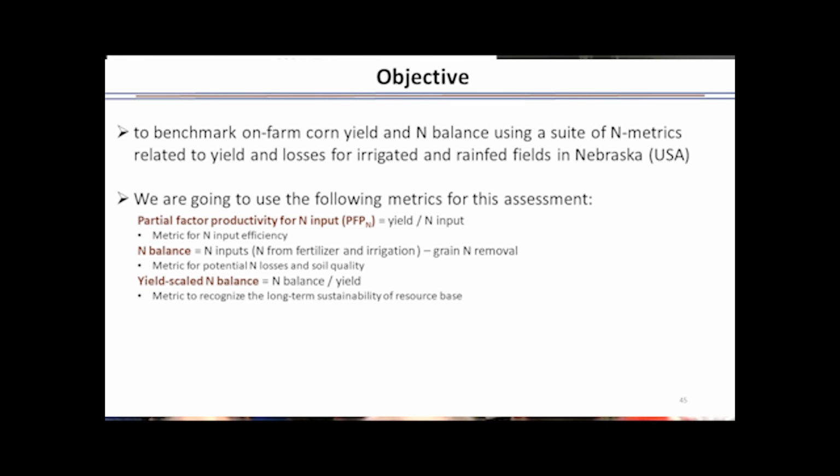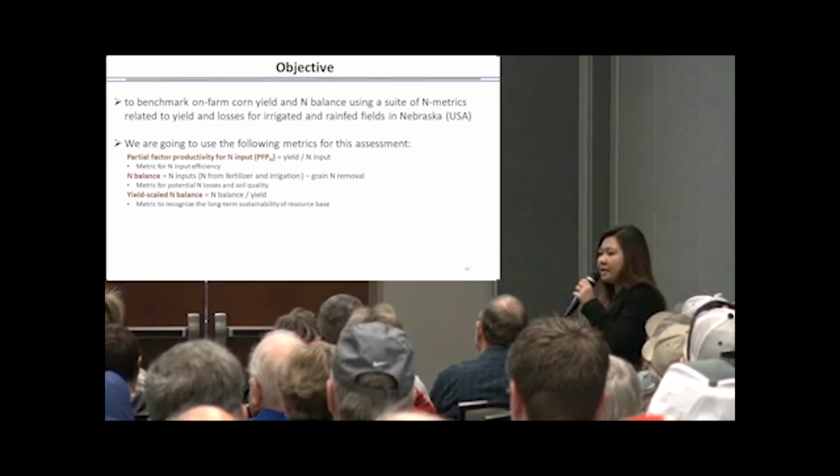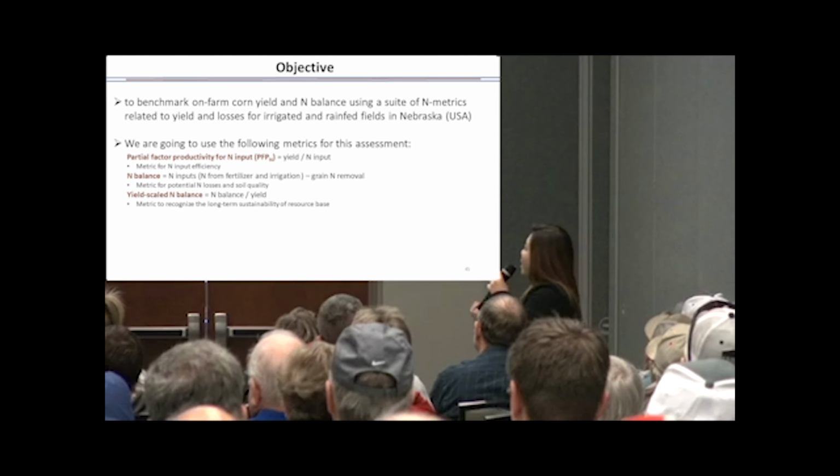So the objective of this presentation is to benchmark on-farm corn yield and nitrogen balance, and we used here different nitrogen metrics related to yield and nitrogen losses across irrigated and rain-fed fields here in Nebraska.